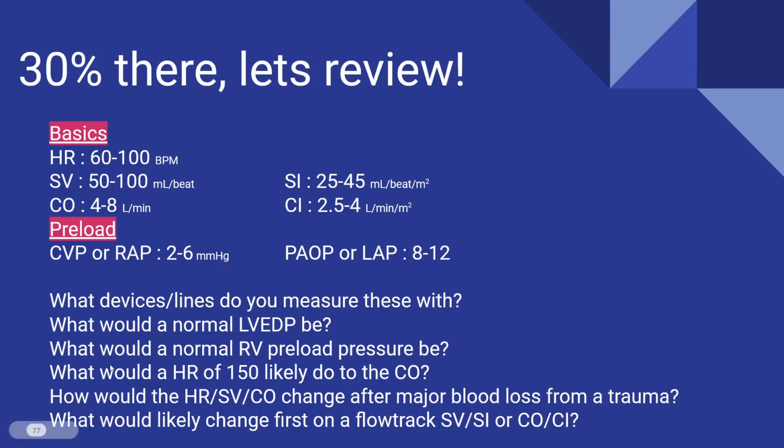All right. So if we have a high heart rate, 150, what would that likely do to our cardiac output? Right? In a healthy person, that might not change it. If you're exercising and your body can compensate for it, it might not change it.